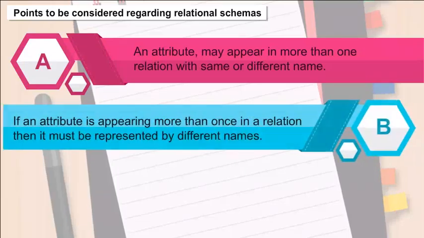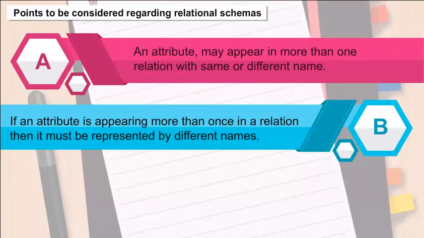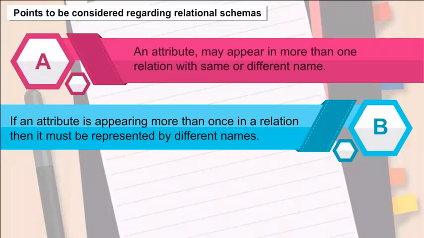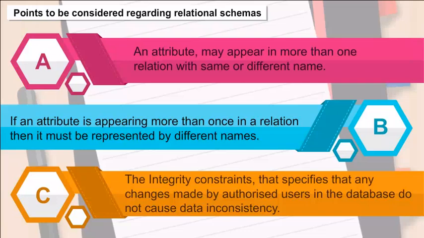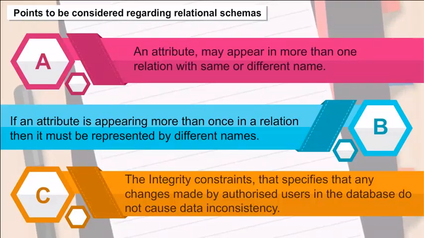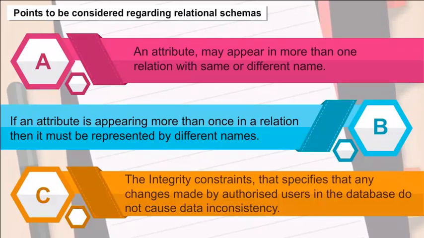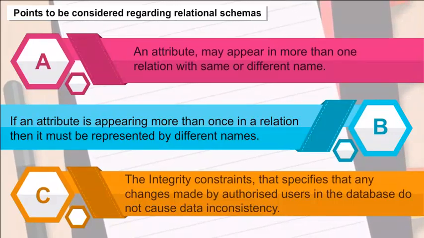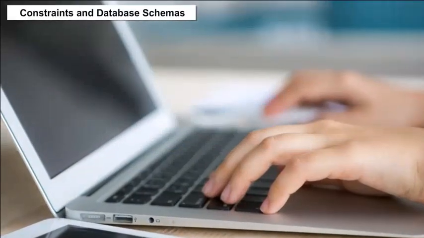B. If an attribute is appearing more than once in a relation, then it must be represented by different names. C. The integrity constraints specify that any changes made by authorized users in the database do not cause data inconsistency.